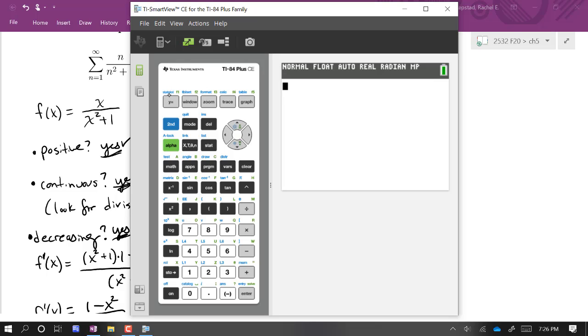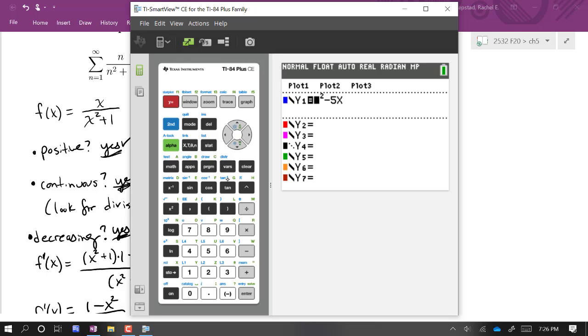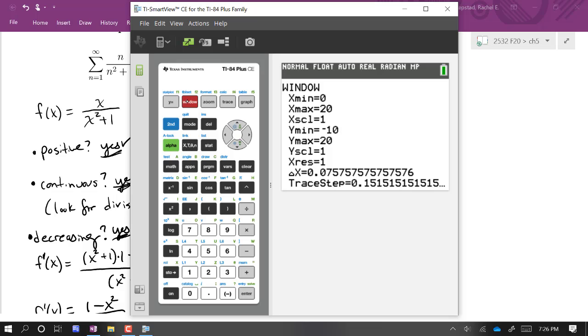So the ln function, and I'm going to say, our x's are getting huge, so I'm not going to go any smaller than 0. And I guess that looks like a decent window.